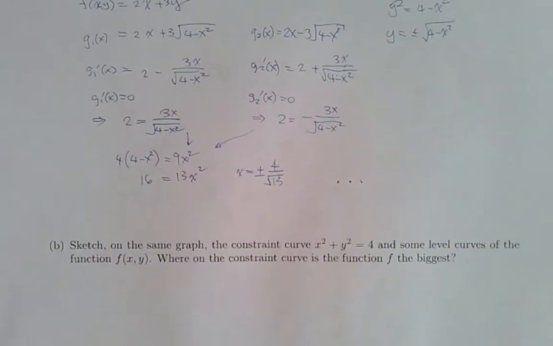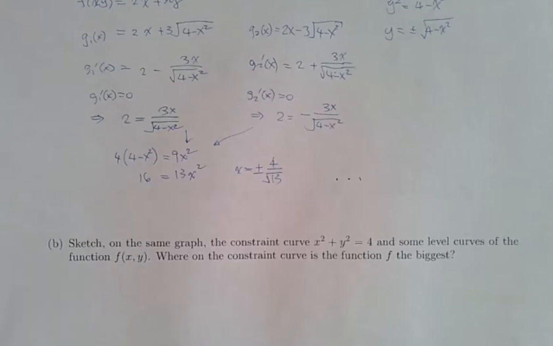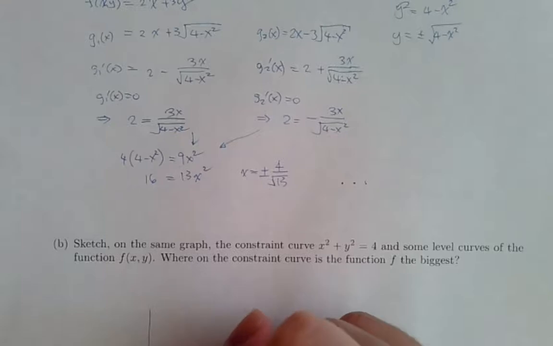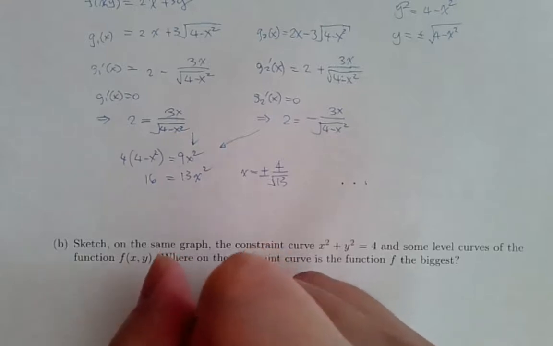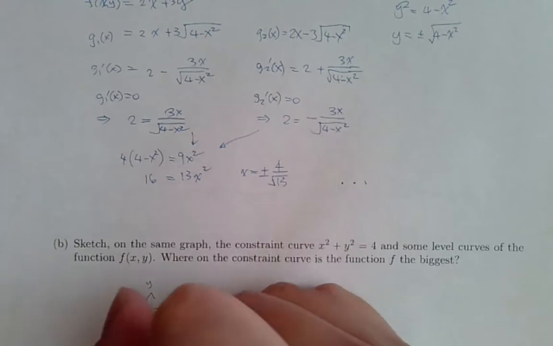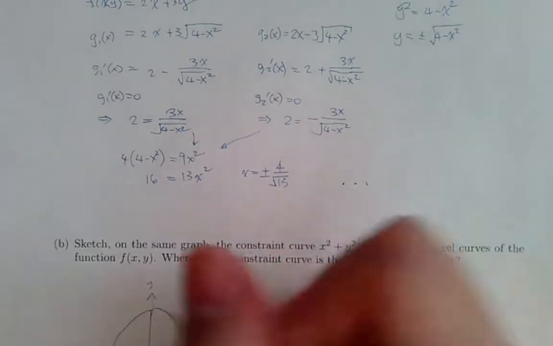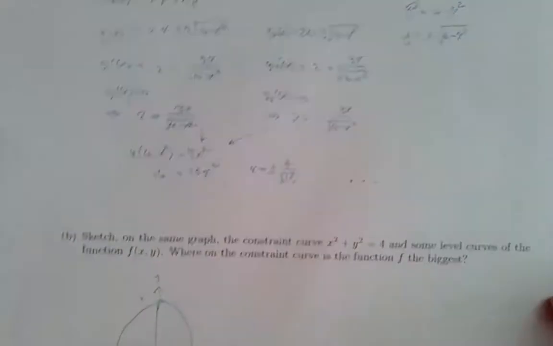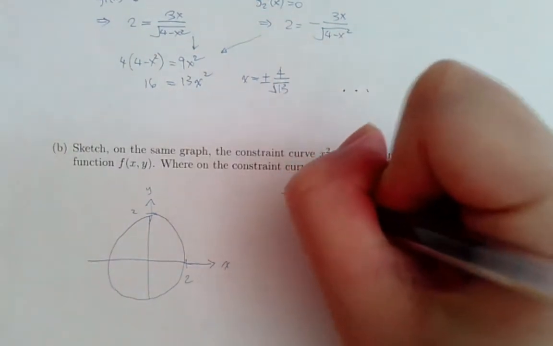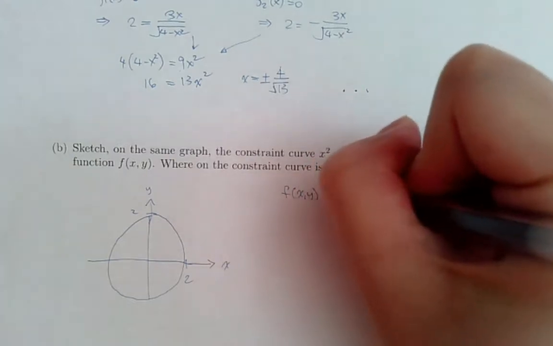Here is sketching pictures. Sketch on the same graph the constraint curve. Let me try to draw a circle first. X, Y, draw a circle of radius 2. That's my constraint curve. And some level curves of the function f. Remember, f is 2x plus 3y.